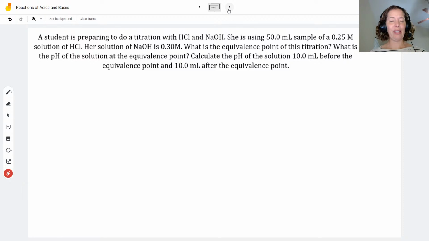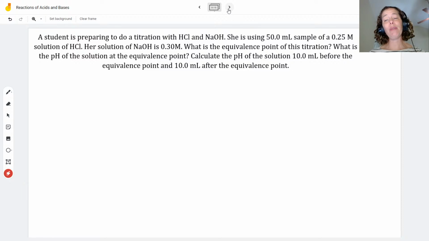So let me just read this problem. A student is preparing to do a titration with hydrochloric acid and sodium hydroxide. She is using a 50 milliliter sample of a 0.25 molar solution of hydrochloric acid. Her solution of sodium hydroxide is 0.3 molar. What is the equivalence point of this titration? What is the pH of the solution at the equivalence point?